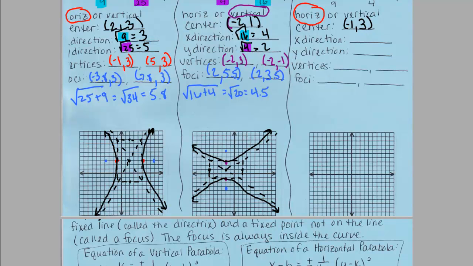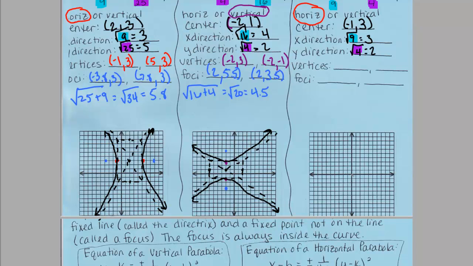Our X direction is going to be on the left still, so the square root of 9, which is 3. Our Y direction will be on the right, so the square root of 4, which is 2. So now we can plot these things and make our little box.